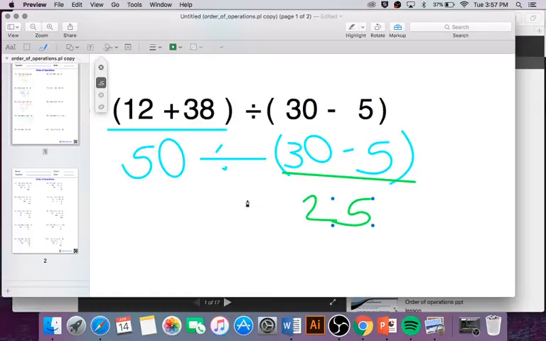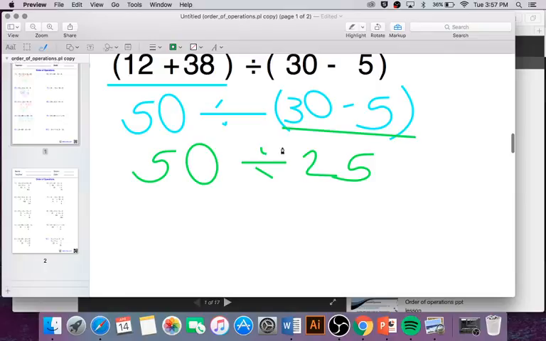And we're going to bring down the rest of the problem. So we'll have 50 divided by 25. And 50 divided by 25 is 2.